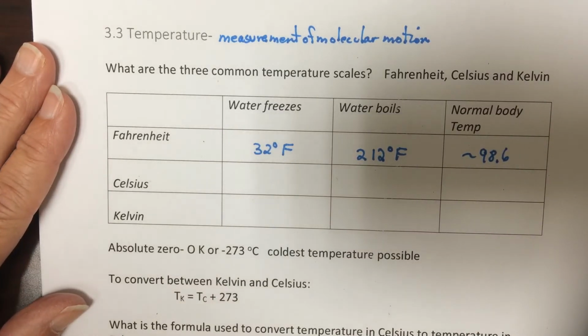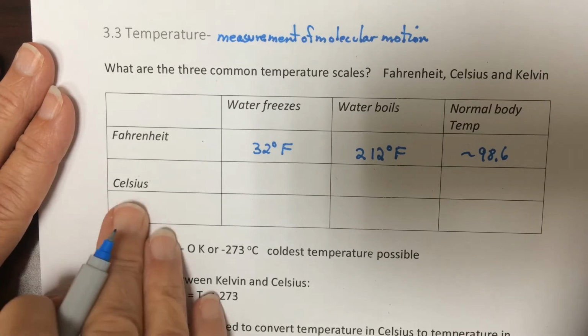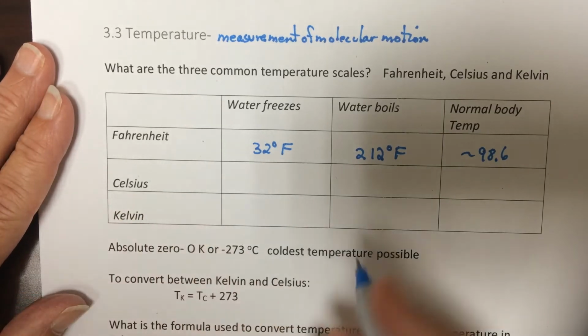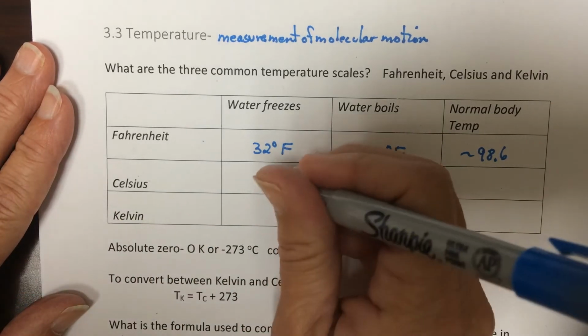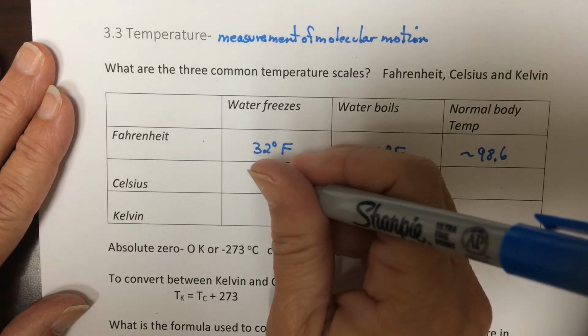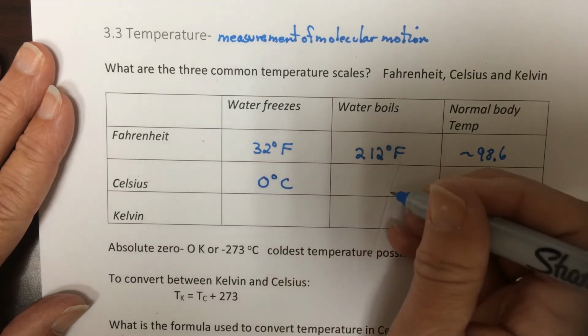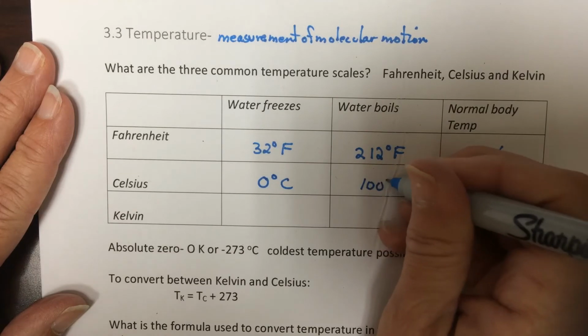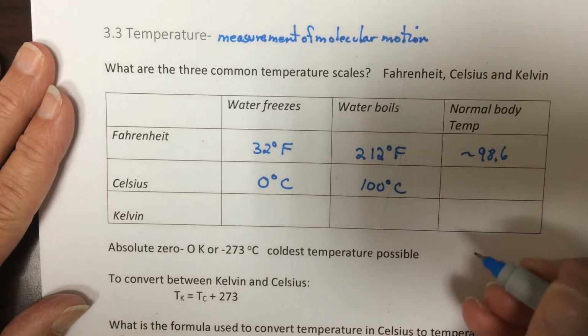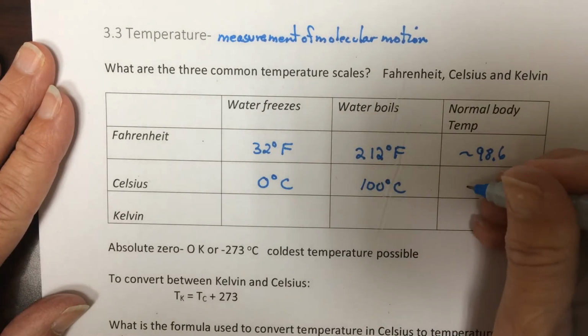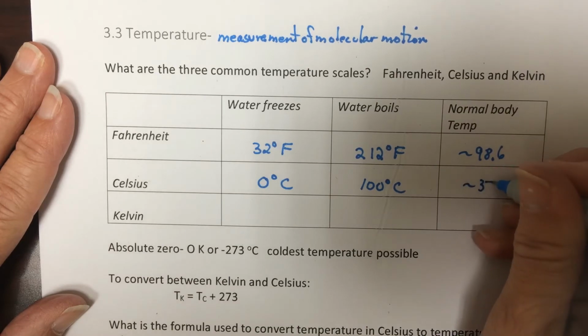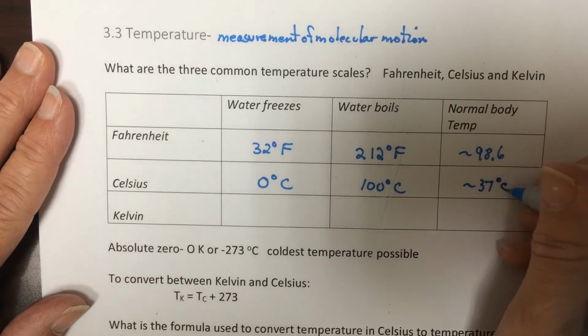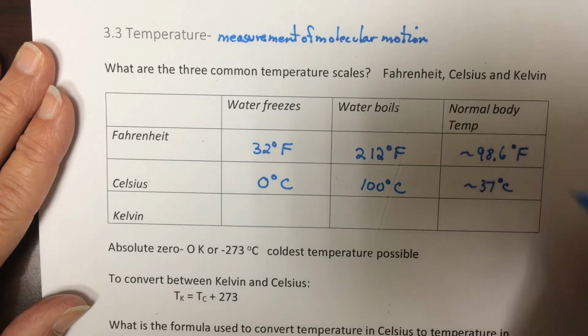In lab, in chemistry, we mainly use Celsius. On the Celsius scale, water freezes at 0 degrees Celsius and boils at 100 degrees Celsius. And normal body temperature is 37 degrees Celsius. Make sure we put all our units on everything.